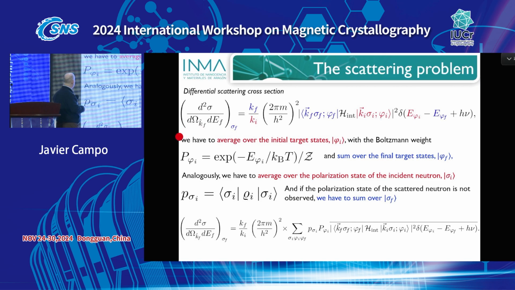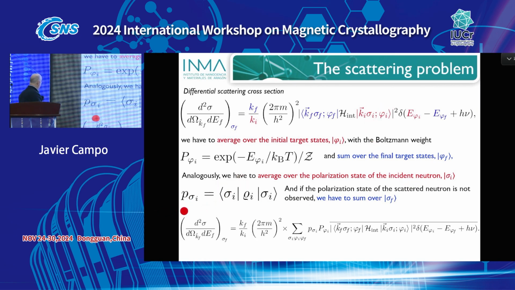And if we need to average, we will use the Boltzmann probability, written in here. And we need to sum over the final target states. We need to average on phi, and we need to sum on the final target states. And then we have also to average over the polarization state of the initial neutron. That means in this here.